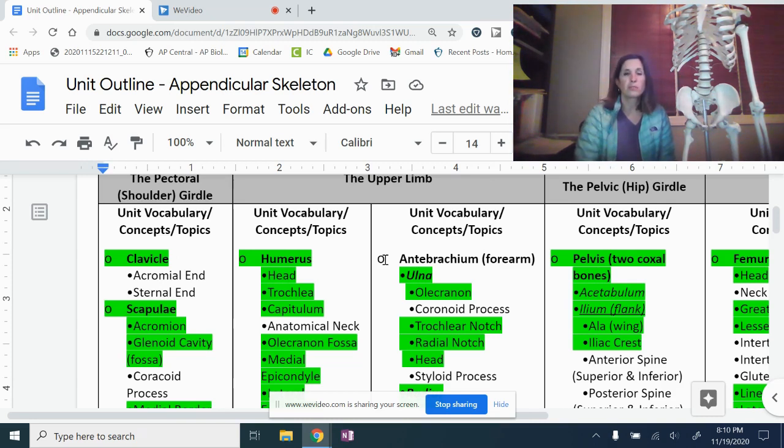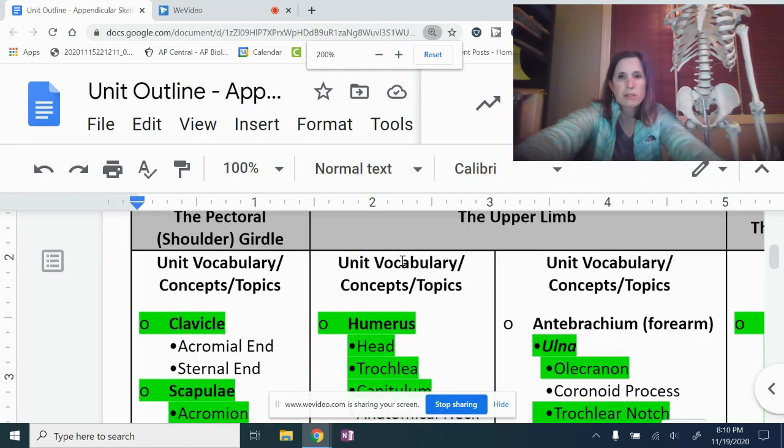Also, when you are done watching this video, you will be watching all of the bone videos, and you will go through with your skeletons and make sure you know the first 3 columns. So I'm going to zoom out a little bit.